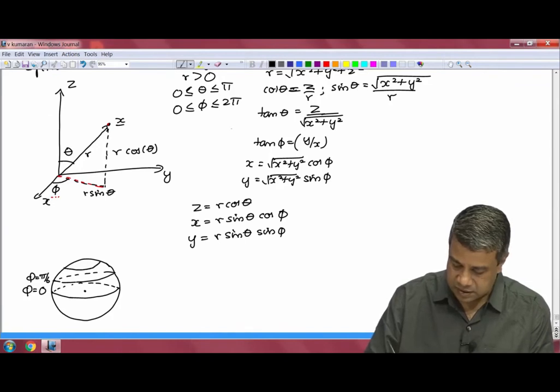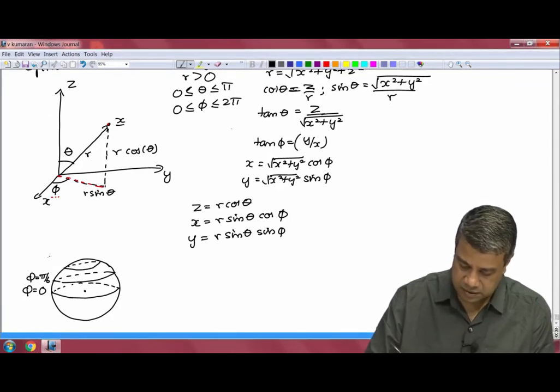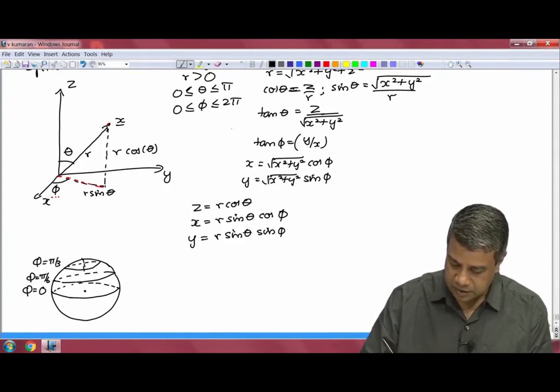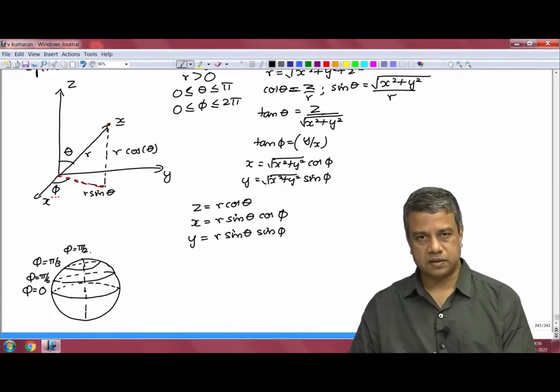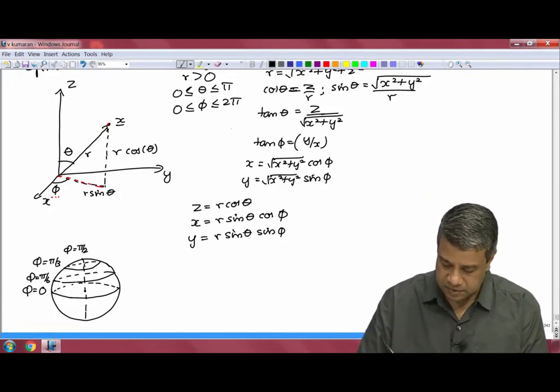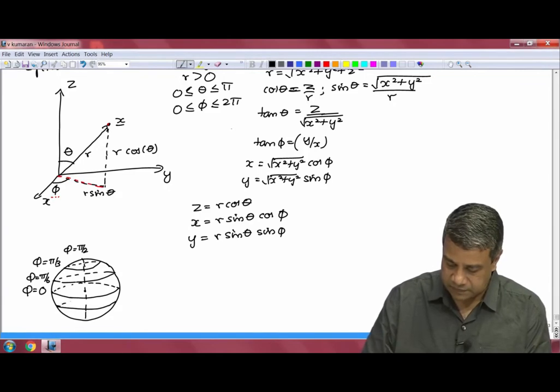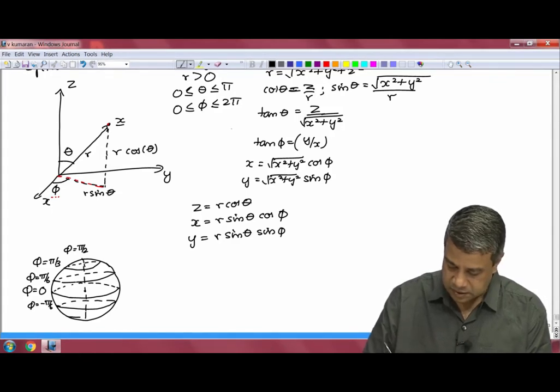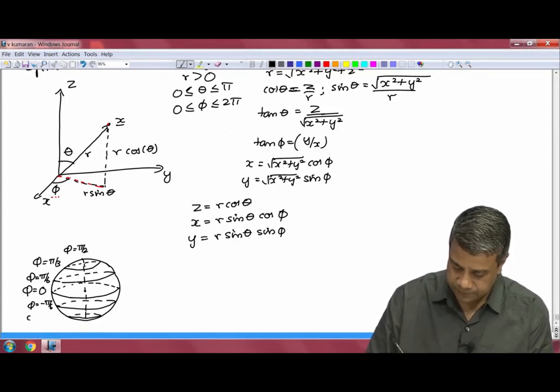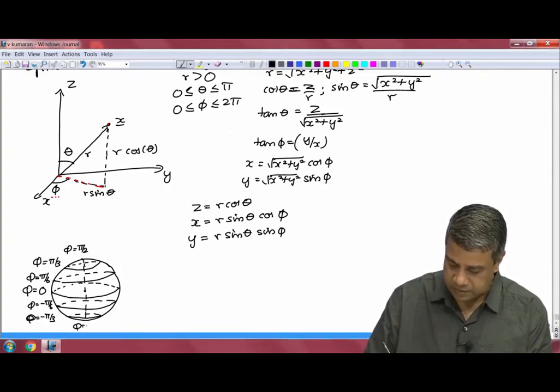The 60 degree line, the Arctic and the Antarctic circles, here phi is equal to pi by 3, and then at the poles, phi is equal to pi by 2. And in the southern hemisphere it will be negative: minus pi by 6, then minus pi by 3, and here phi is equal to minus pi by 2.